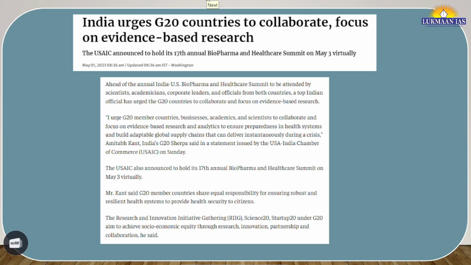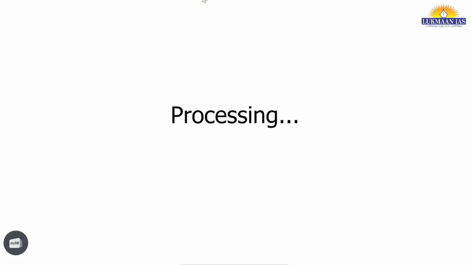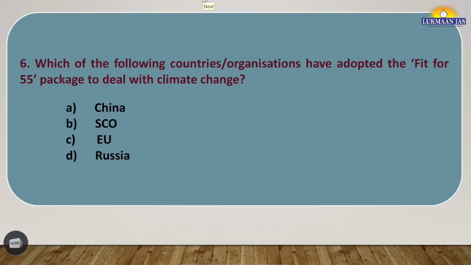This year we are assuming G20 presidentship, and this year in September we will have the annual summit hosted in New Delhi. Now, which of the following countries or organizations have adopted Fit for 55 package to deal with the climate change? Now, Fit for 55 is an initiative of European Union.